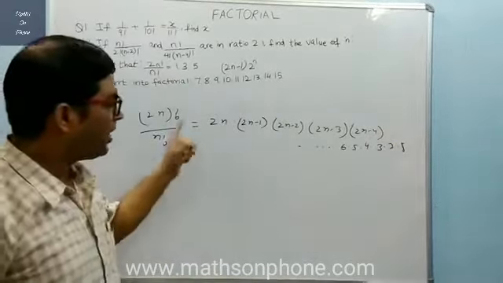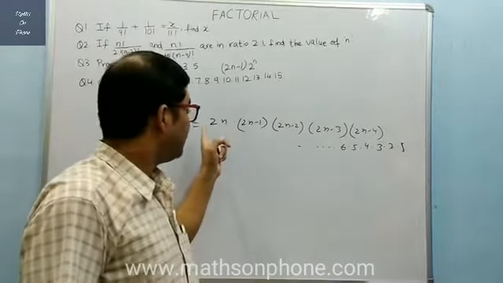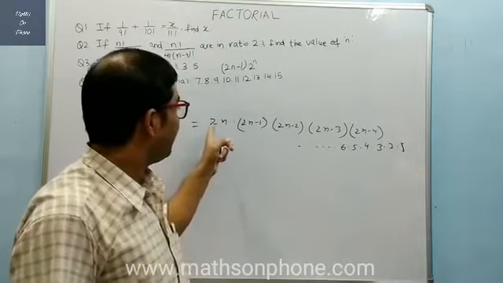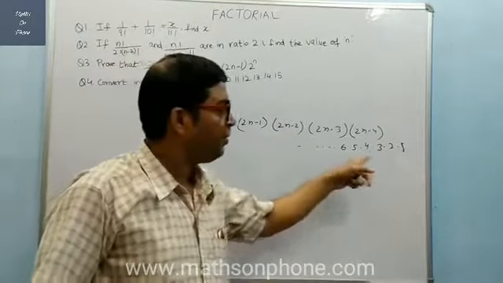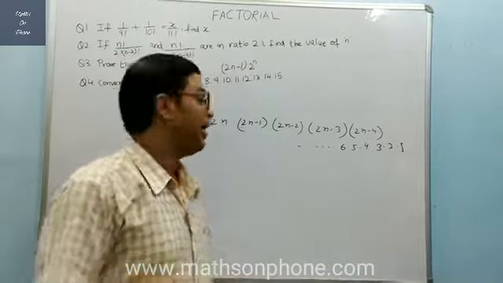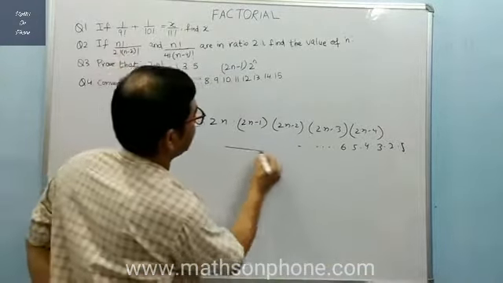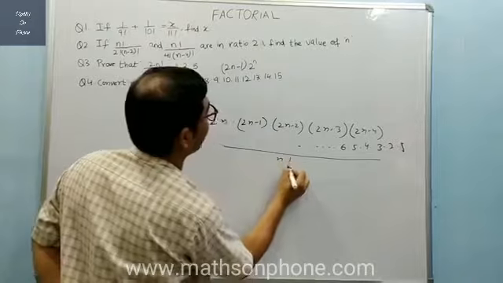So what actually is happening? The thing is starting from the number itself, reducing by 1, 1, 1 and ultimately reaching to 1. And here I am just writing n factorial, doing nothing.